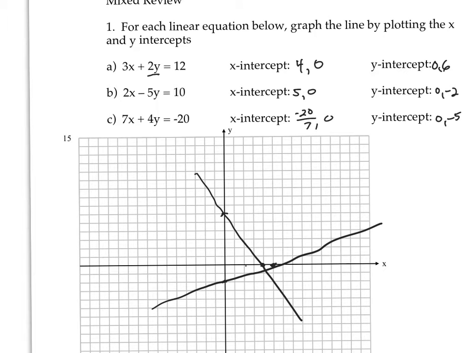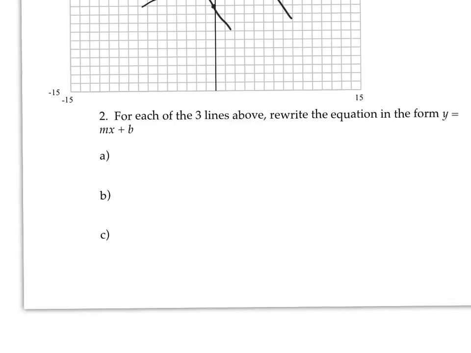And so we get this point here, and a point almost at negative 3 here, but not quite. And that gives us our third line. Okay, so it's very easy to plot from the standard form because of how easy it is to find the intercepts, and then we have 2 points.